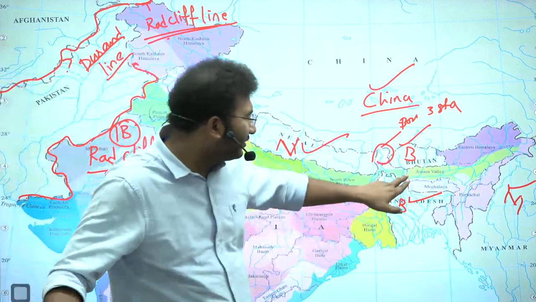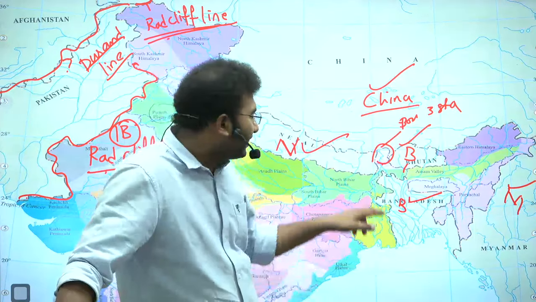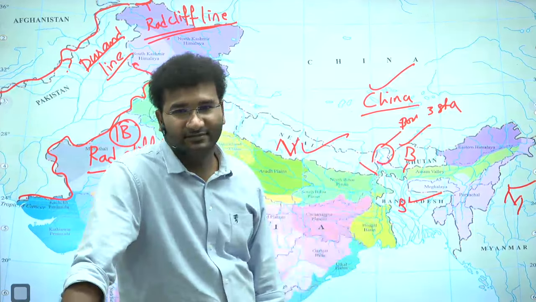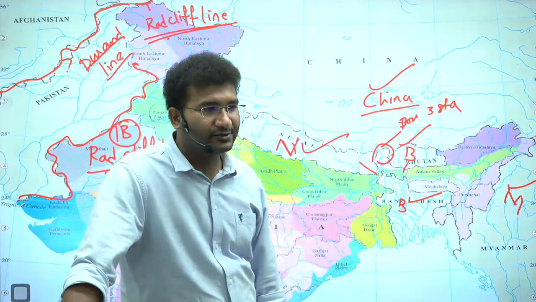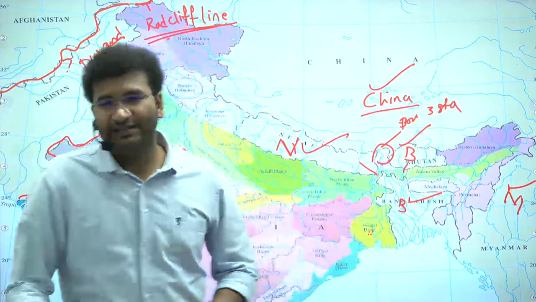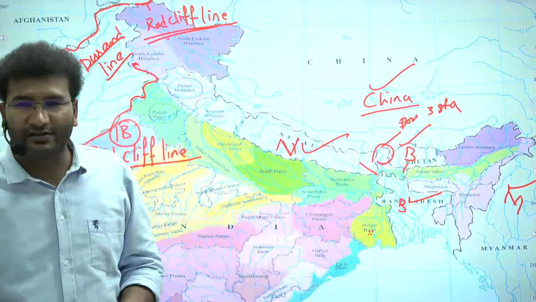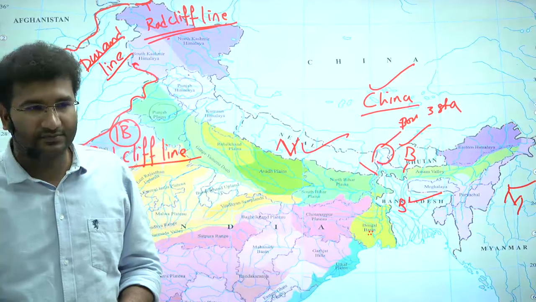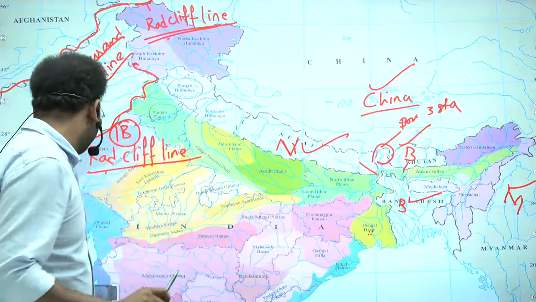Next, West Bengal has a boundary with how many countries? Is it not having a boundary with Bhutan? Is it not having a boundary with Nepal? Yes. Bangladesh also. So these are the 3 states which have boundaries with 3 countries. Write it in your atlas itself.